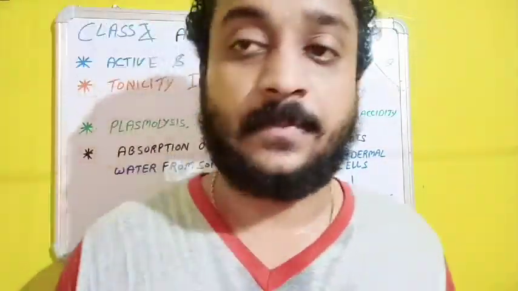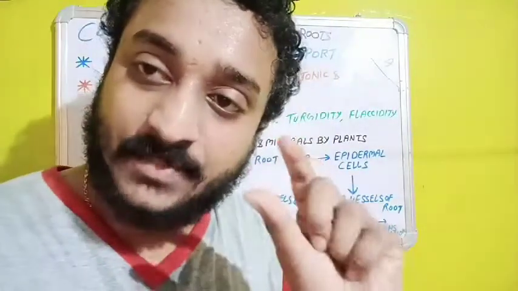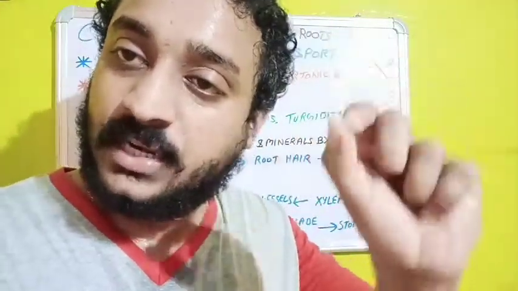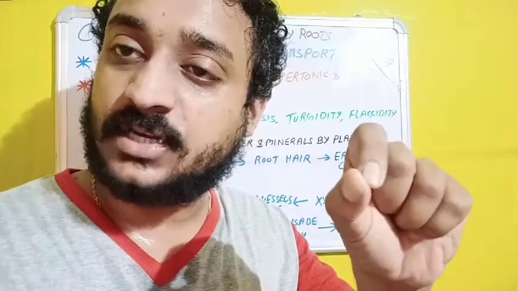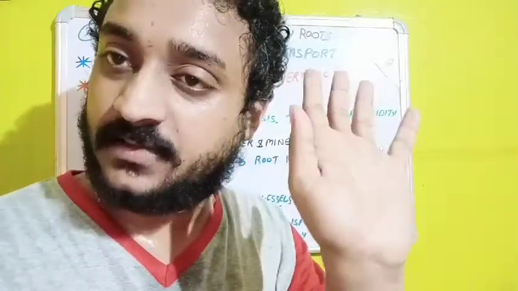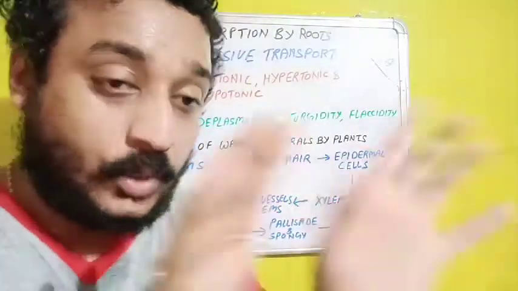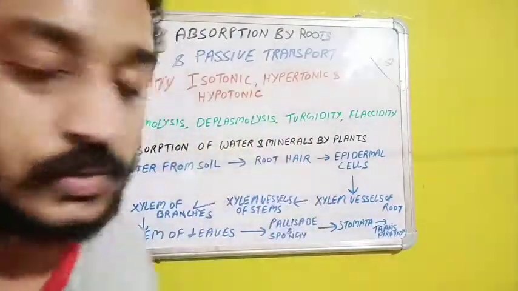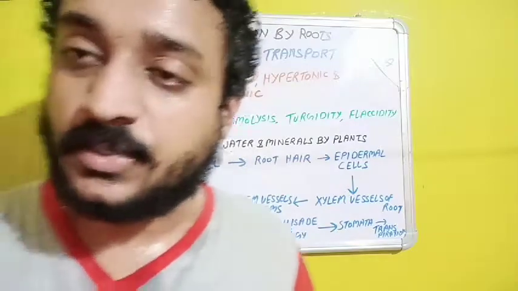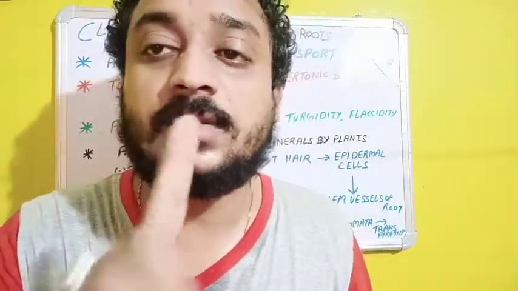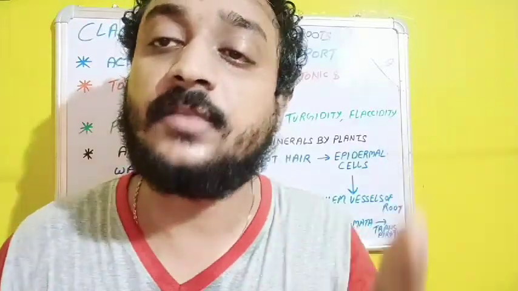Now, next thing. After we put that cell in the hypertonic solution for a while and plasmolysis took place, when the same cell is taken out and kept in a hypotonic solution, then deplasmolysis will occur. What happens in deplasmolysis? Hypotonic solution means solute less, solvent more as compared to that of the cell.